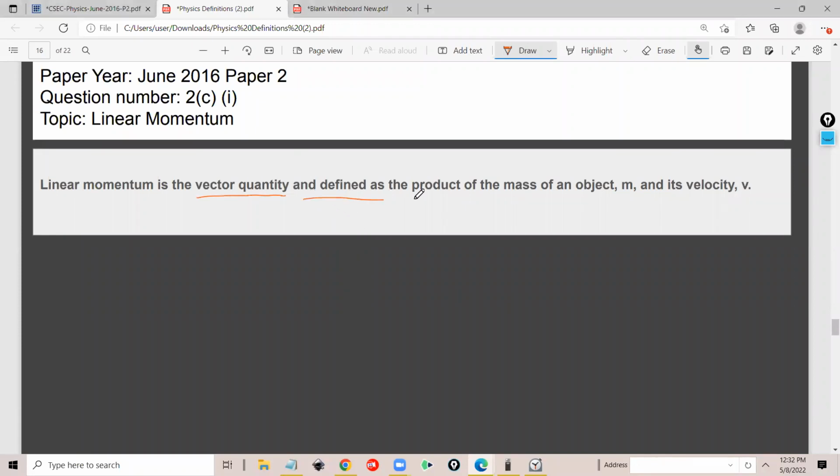And it's just defined as the mass of the object, which is usually represented by m, multiplied by its velocity, which is v, right? Even if you don't include the letter m and the letter v, you're going to get full marks in the exam. So I'm pretty sure everyone here had something very close to this, but I'll still give you 20 seconds to take down my definition. And then on the day of the exam, you can choose between your definition and my definition.